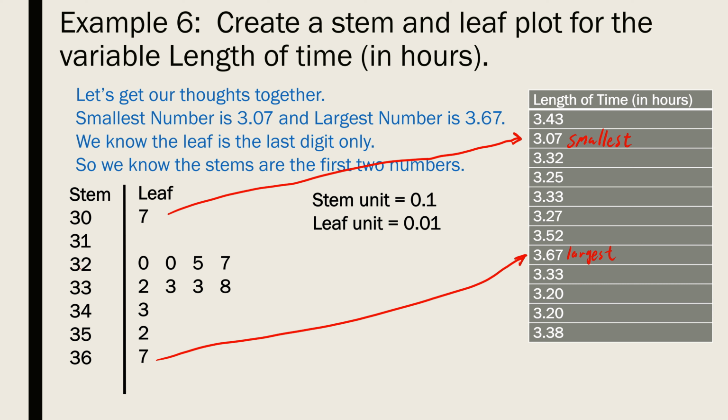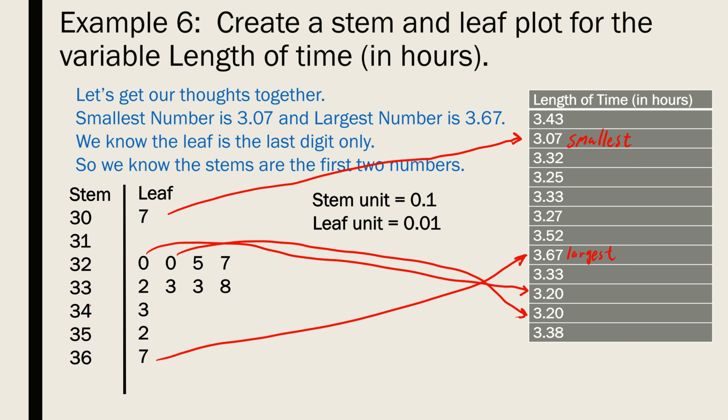Here, the 32, 0 represents 3.20. And this item also represents 3.20.